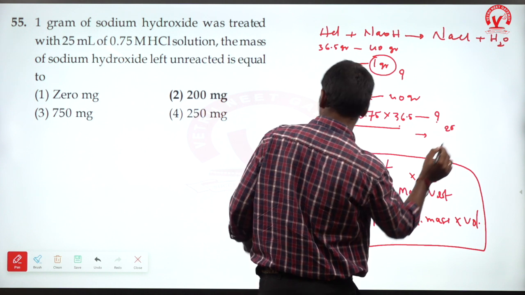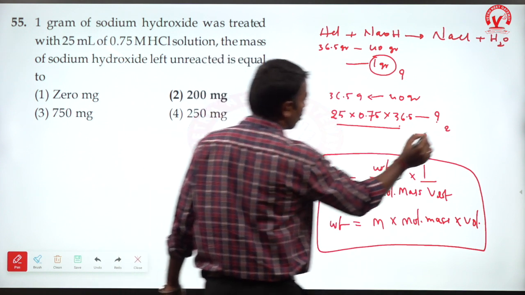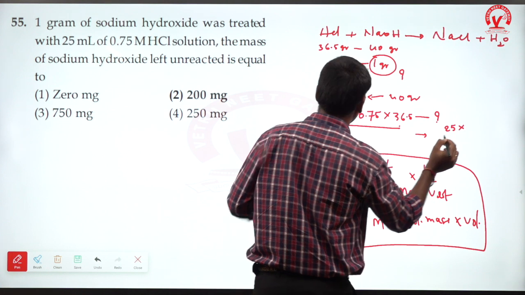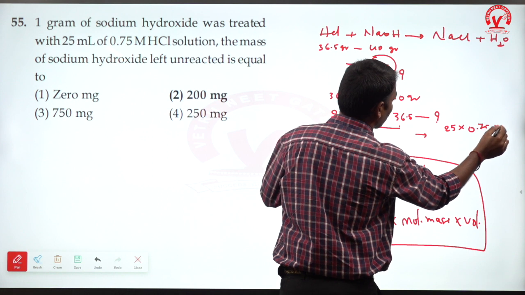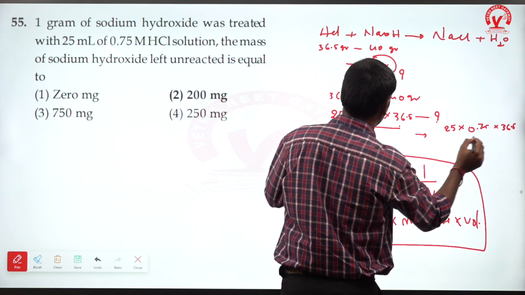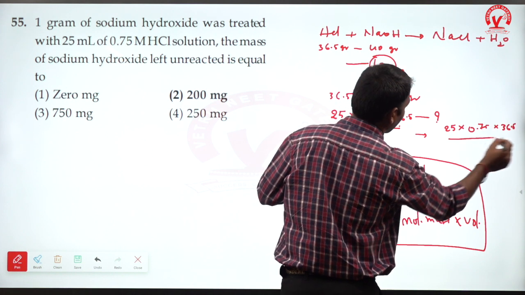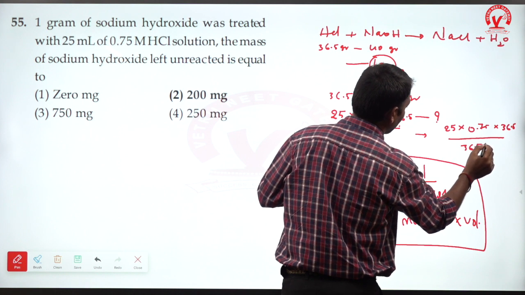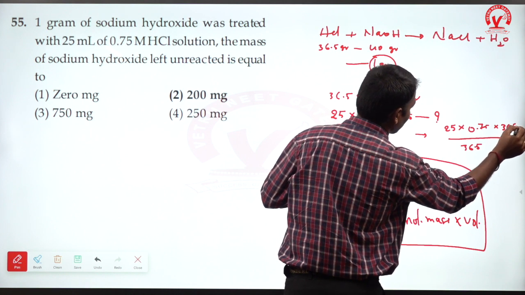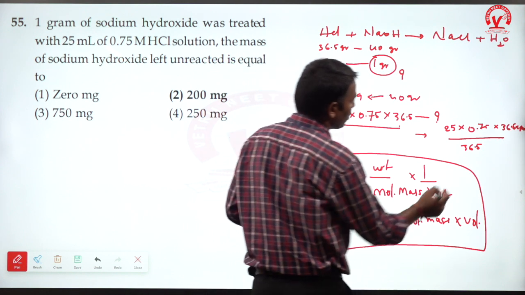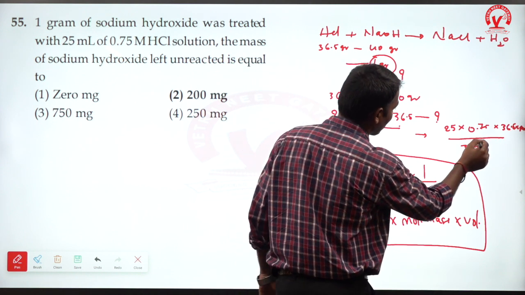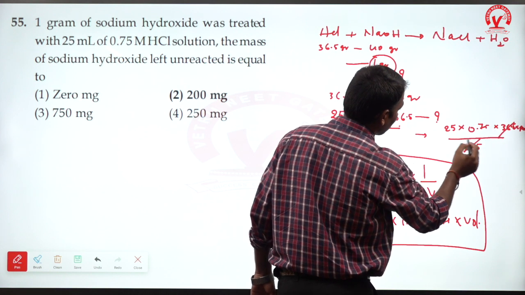If we simplify by cross multiplication, 25 into 0.75 into 36.5 divided by 36.5 into 40, the 36.5 gets cancelled.